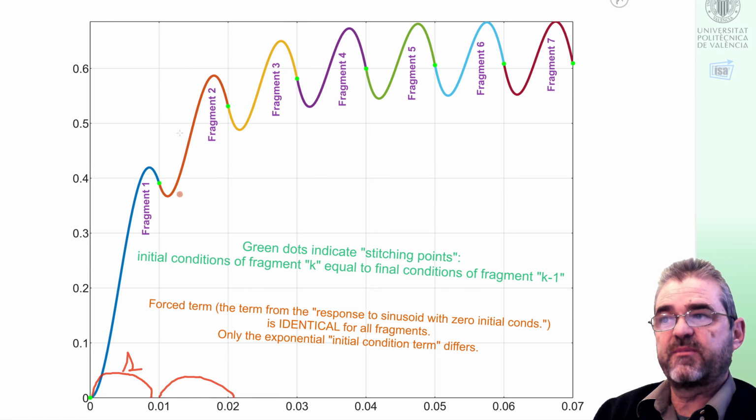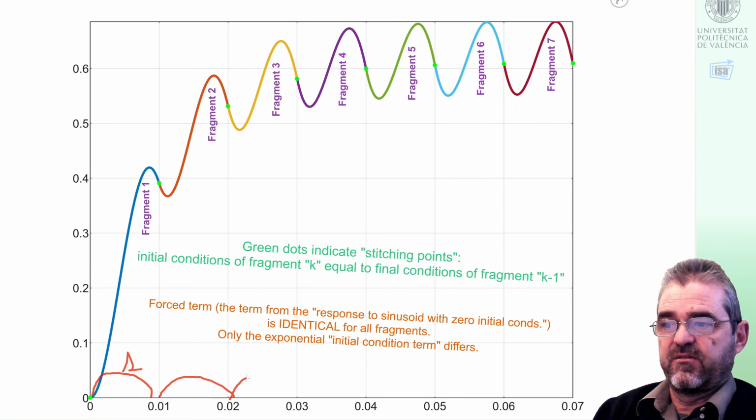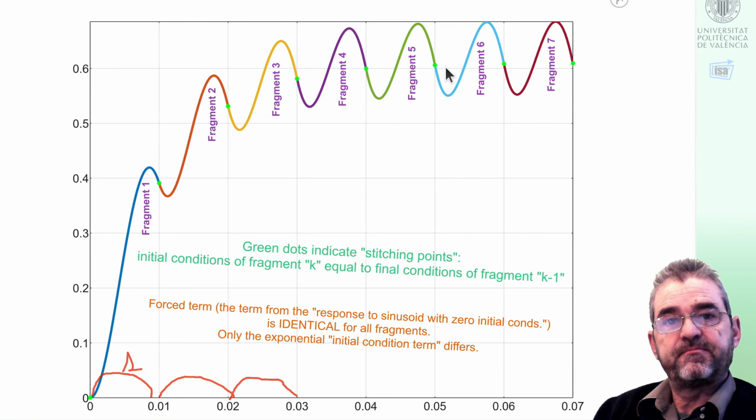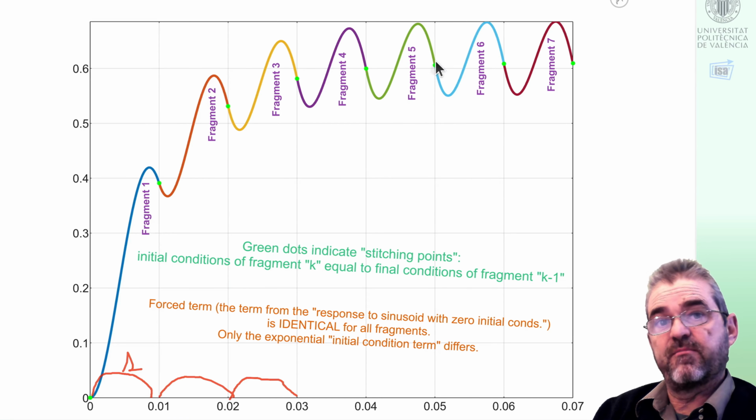Then the new charge of the capacitor is distinct. Third fragment, same forced term, but different initial conditions, and so on, so on, so on. We can draw this line in which the green dots are the stitching points, in which the initial state of one fragment is forced to be equal to the final state of the previous one.